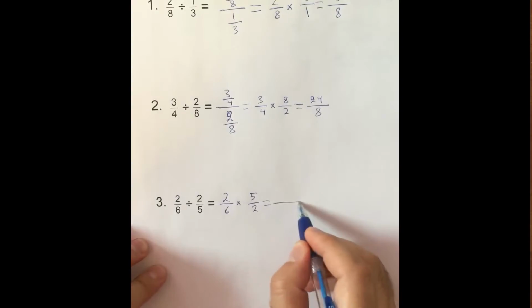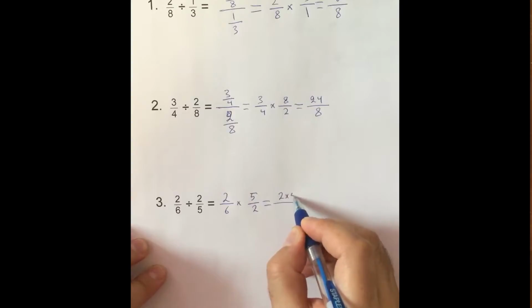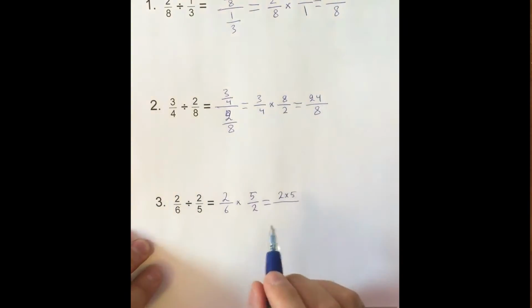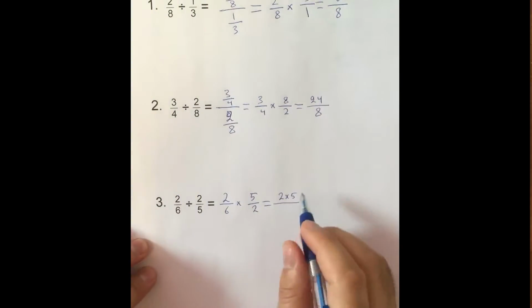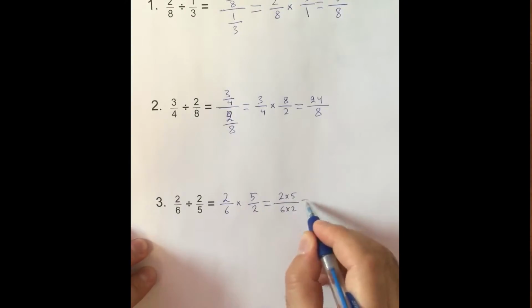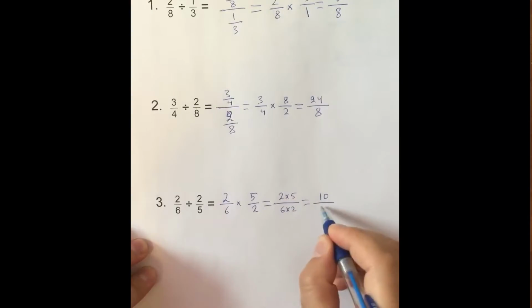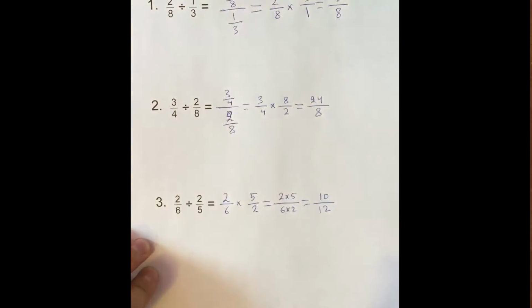Now all you have to do is multiply it. So 2 times 5, I'm just expanding the steps, I'm just gonna write one more step, and 6 times 2. So 2 times 5 is 10, 2 times 6 is 12. That's all that there is to it.